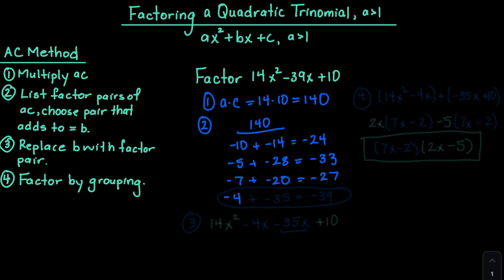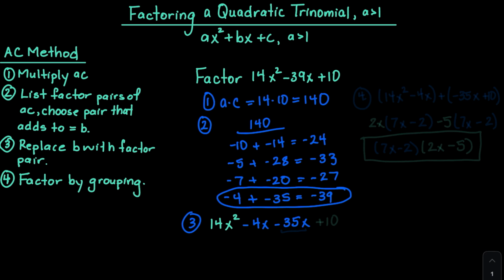Negative 4 and negative 35, bingo, that adds to negative 39. So step 3, replace B with my factor pairs. So 14x squared minus 4x minus 35x plus 10.